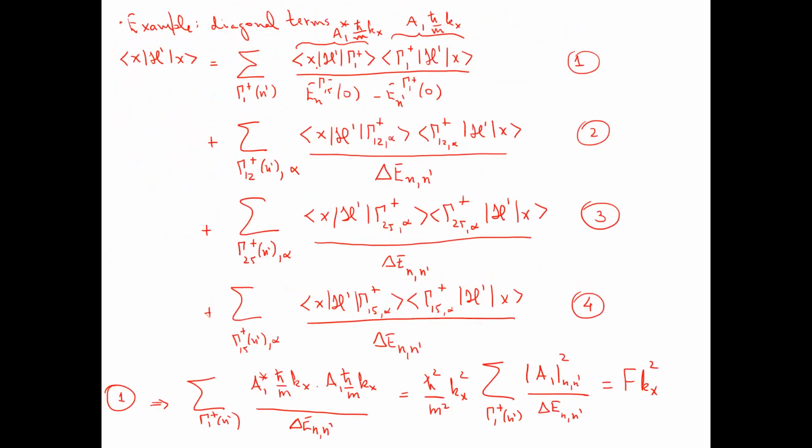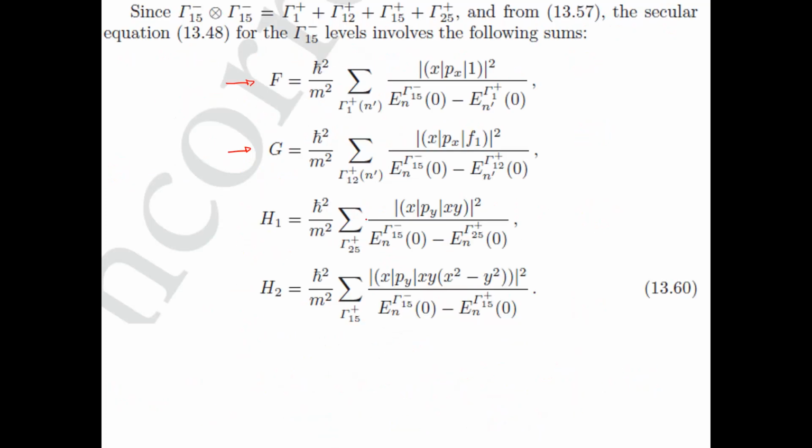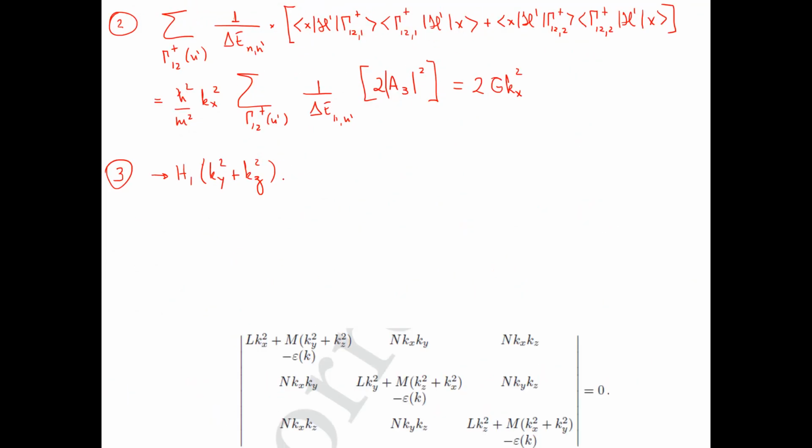So I hope you get a sense of what's going on. So in the end, this term is going to be h1 times ky square plus kz square. You can verify that, and the definition of h1 is this guy. And the fourth term is going to be h2 times ky square plus kz square. Okay?